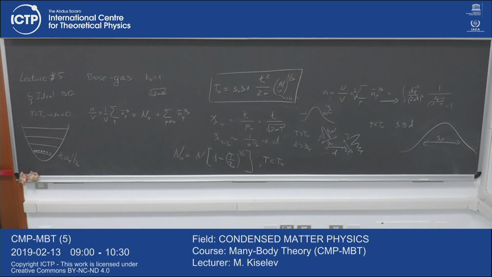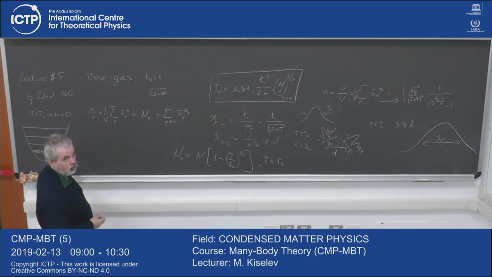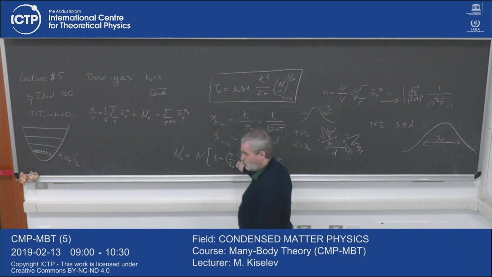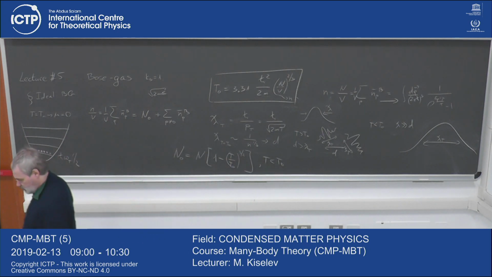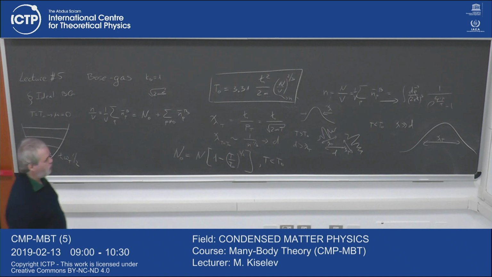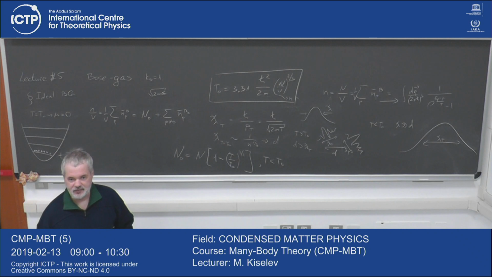This is the zero-point motion. And the chemical potential now should be smaller than this value. Of course, the power law here will be different. So one of the problems you will get in homework is to consider a three-dimensional harmonic potential, with no interaction between particles but with a confining potential, and find the power law for the number of particles in the condensate, and also find the temperature of the transition to the Bose-Einstein condensation state.